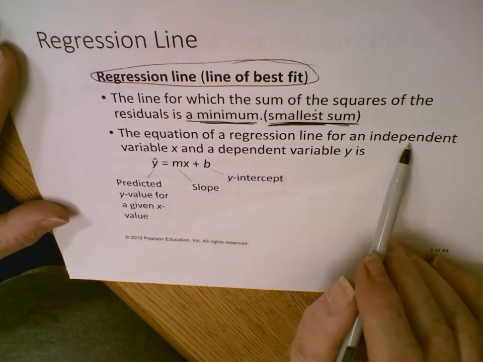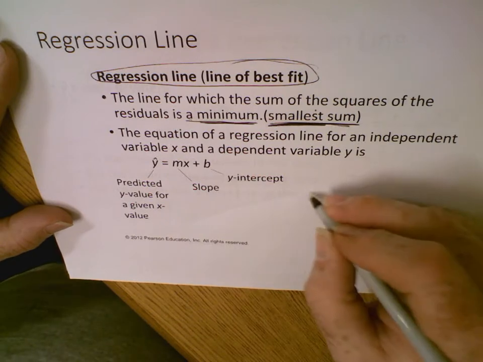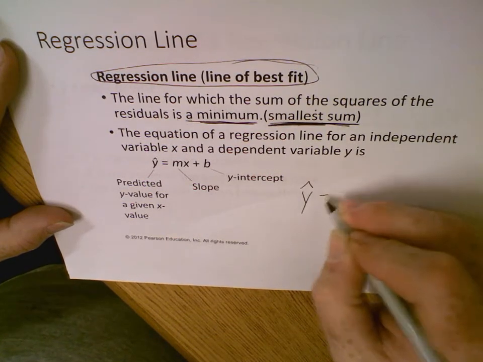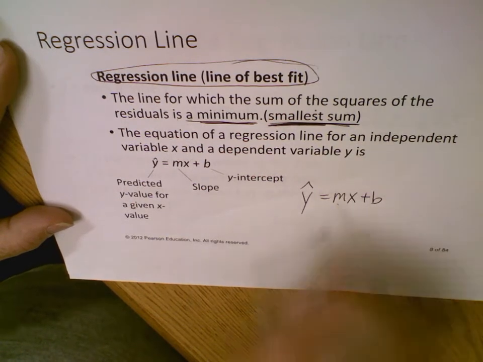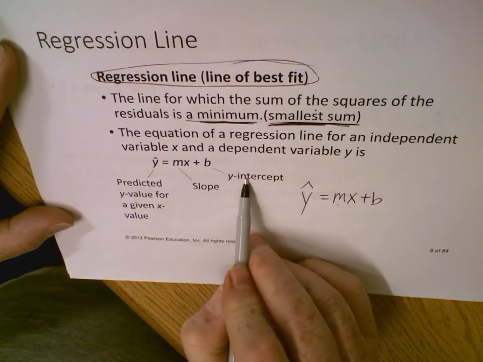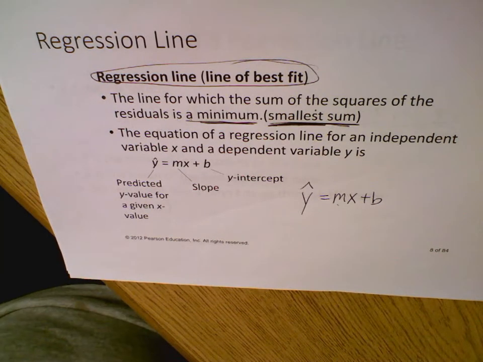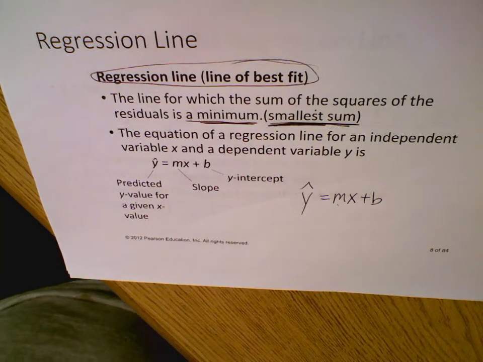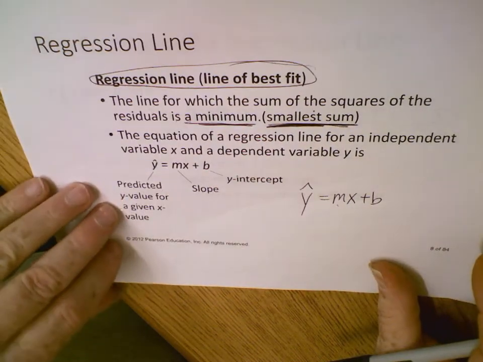The equation of the regression line for an independent variable x and dependent variable y is y hat equals mx plus b, where m stands for the slope and b stands for the y-intercept. And we're going to figure out the best slope and y-intercept, the ones that go with the line of best fit.